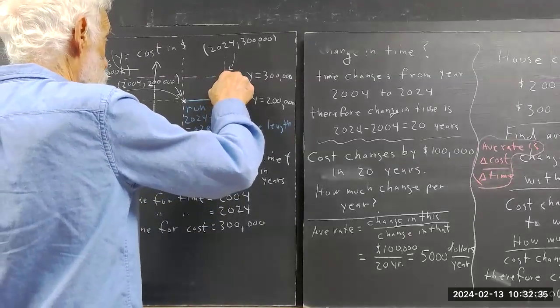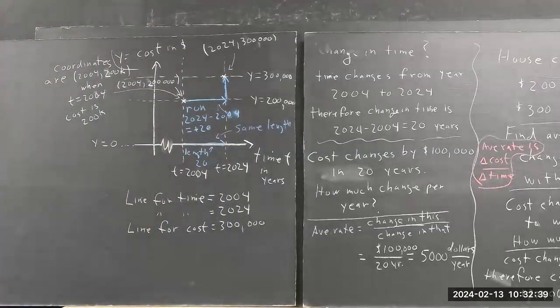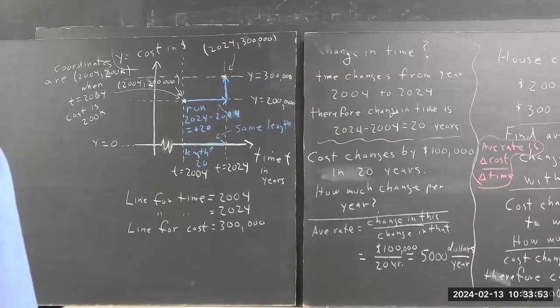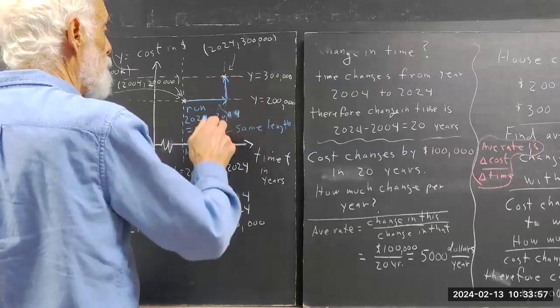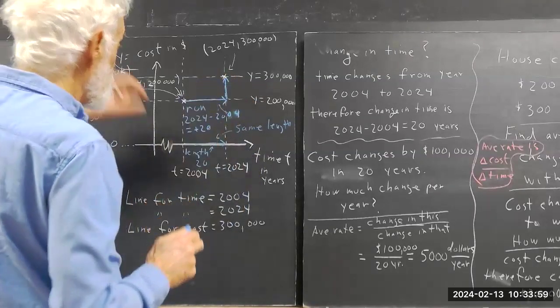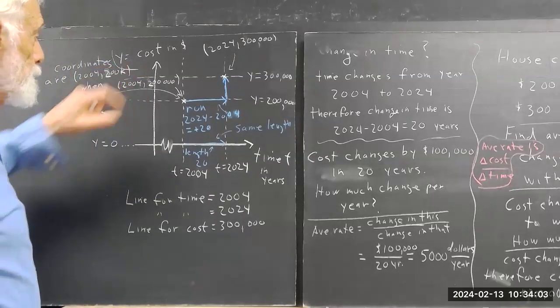Now, with this arrow, how long is this arrow? See if you can draw that arrow. Tell me how long it is. Just write a number next to it and then we'll fill the rest in. Okay, so from here to here, this arrow is 100,000 units long. If this is 300,000, this is 200,000.